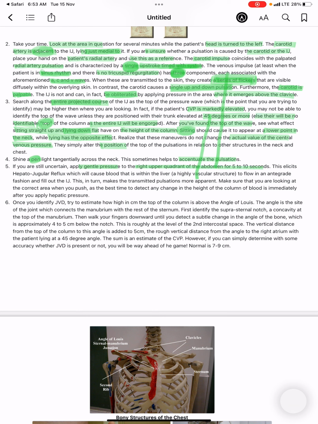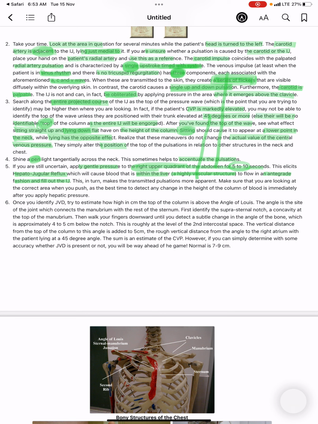Apply gentle pressure to the right upper quadrant of the abdomen for 5 to 10 seconds. This elicits the hepatojugular reflex, which will cause blood within the liver, a highly vascular structure, to flow in an antegrade fashion and fill out the internal jugular vein.